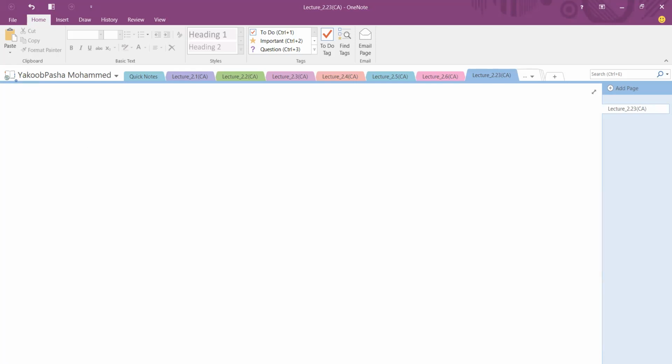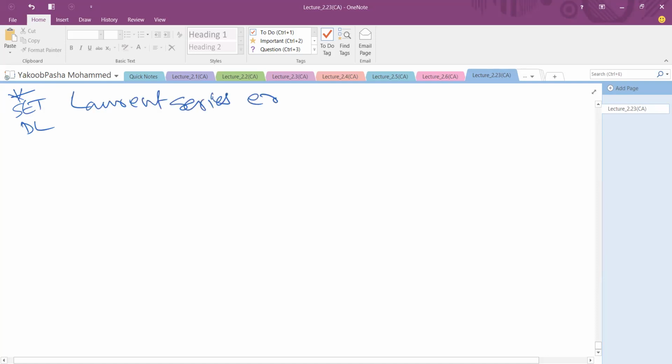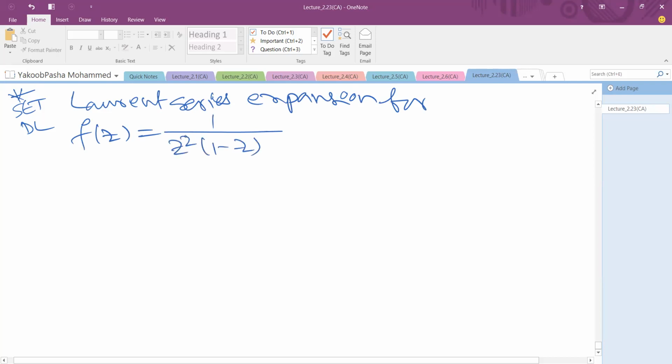Laurent series expansion for f of z is equal to 1 by z square into 1 minus z for the region 0 less than modulus of z less than 1 is.